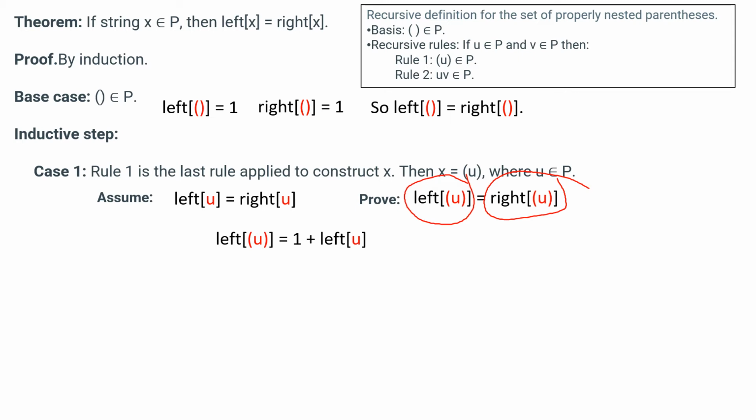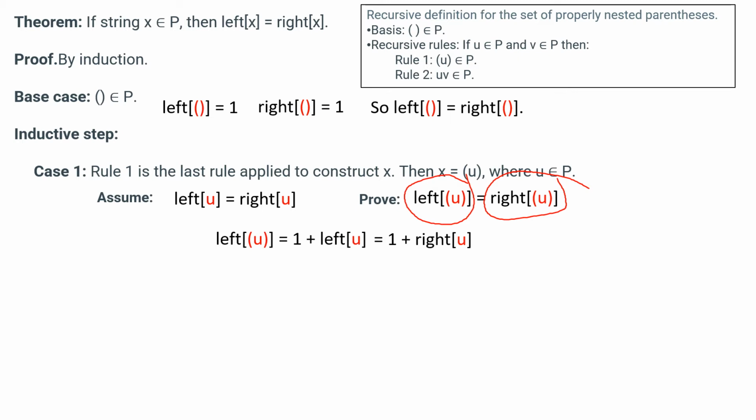So the left of this new element is equal to 1 plus the left of the original element. But remember, we're making this assumption that u was properly balanced. So I'm assuming that the left of u is equal to the right of u.